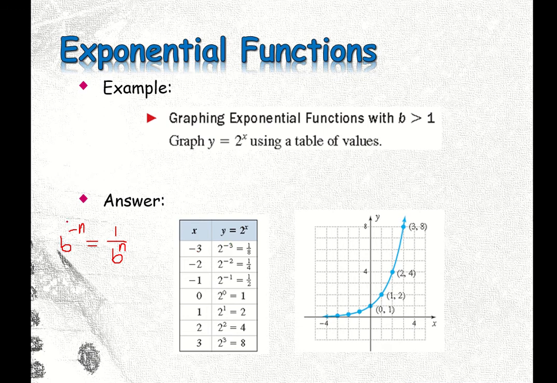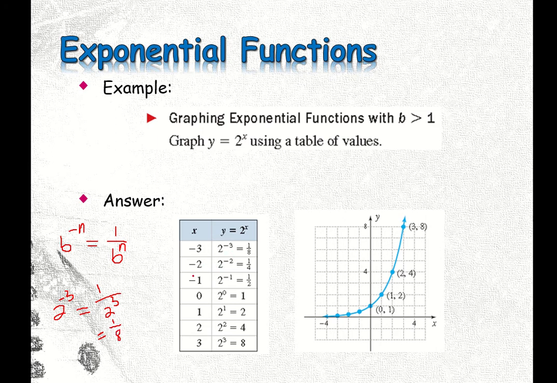Using this property, this is the same as 1 over 2 to the positive 3, and we know that 2 to the power 3 is equivalent to 8, so we have 1 over 8. Alright, and so on and so forth.